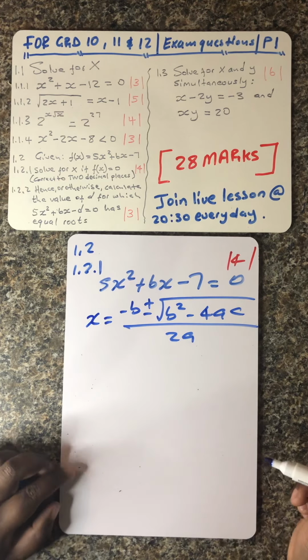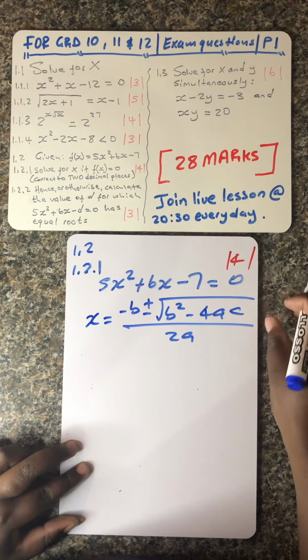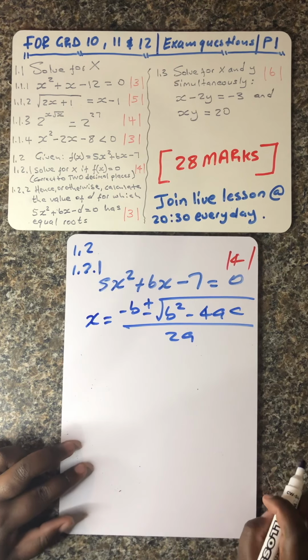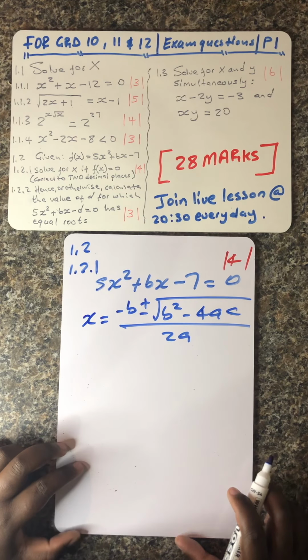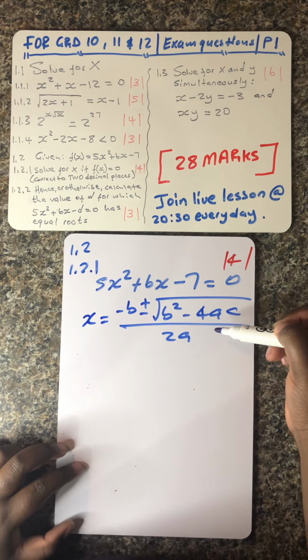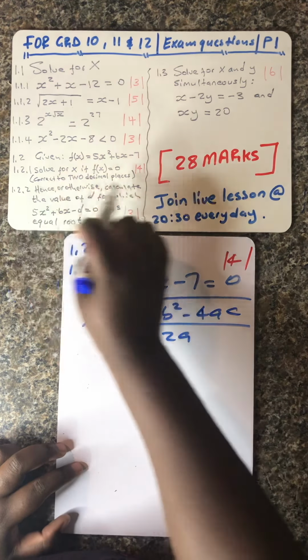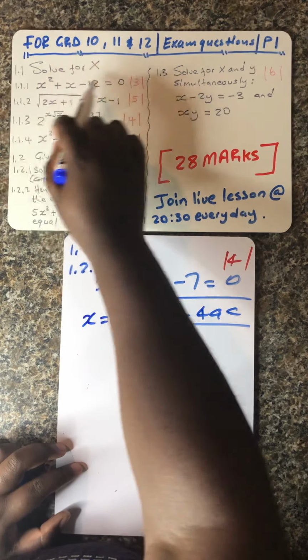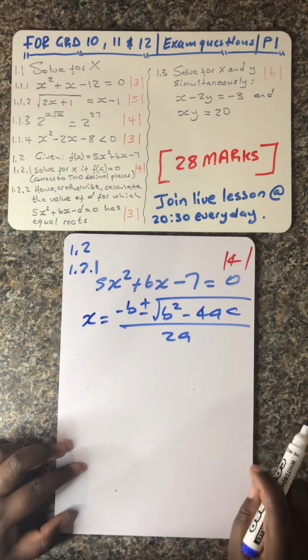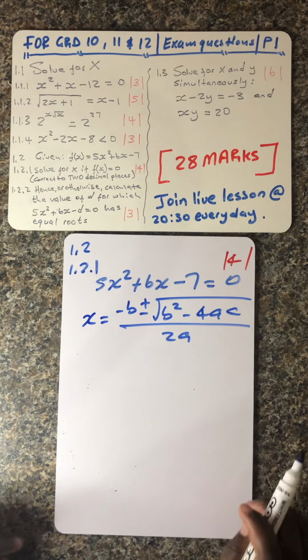It's very, very much important. I learned this formula when I was in grade 9, and from there my life has always been easy when I have to factorize, because you don't only use this formula to get the decimal number. You can even factorize this equation, that first equation, using this formula. You'll still get the correct factors.